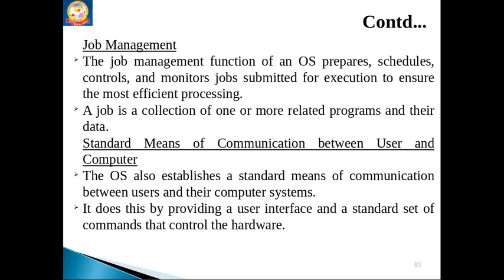Job management: how to schedule the tasks, how to finish the tasks, all these things are coordinated by the operating system as job management. And standard means of communication between user and computer, as I said, it provides an interface. With that interface, the user is able to communicate with the hardware.